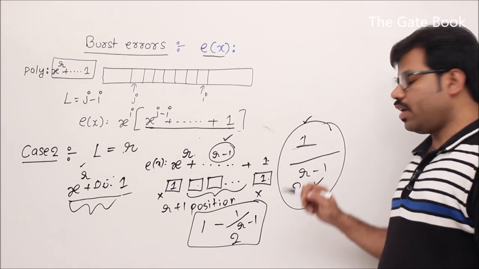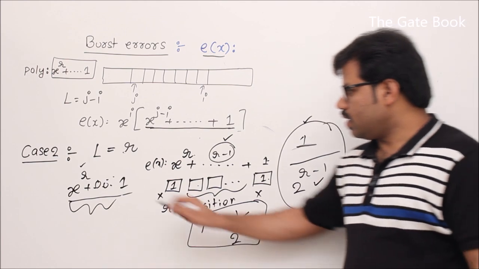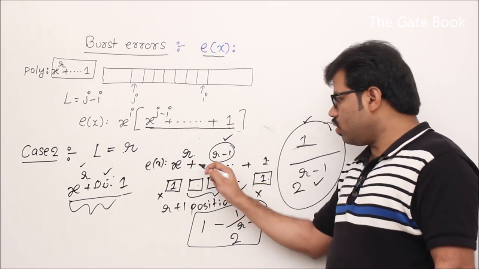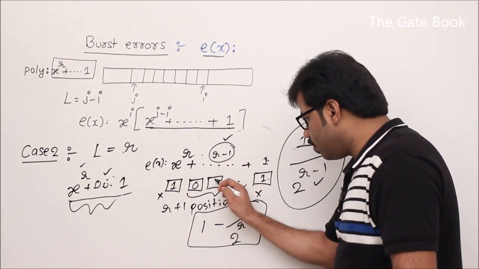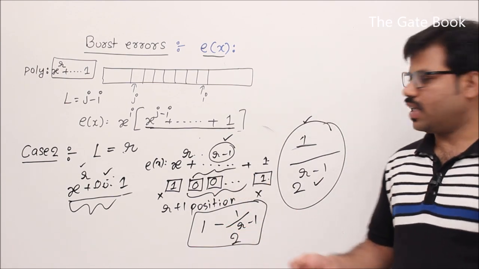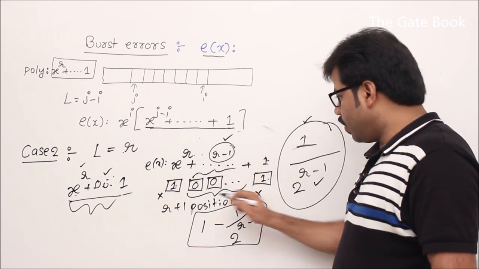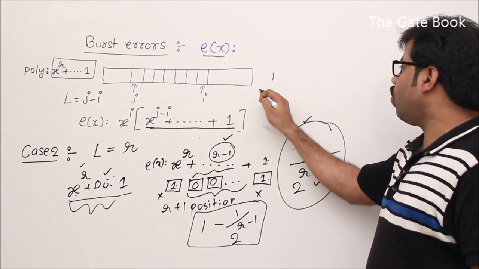So what is the probability to not detect the error? To not detect the error, the polynomial you are using as generator should be equal to this polynomial. To have equality, we have to fill this pattern, but we can fill it only one way. We can't have 2 or 3 ways, because x power r is the same and 1 is already the same. But this pattern also should be like this one. There is only one way, out of how many cases?